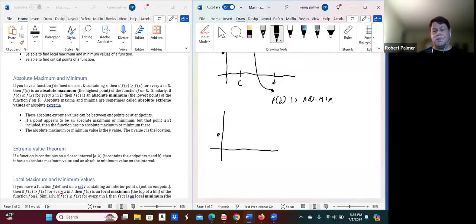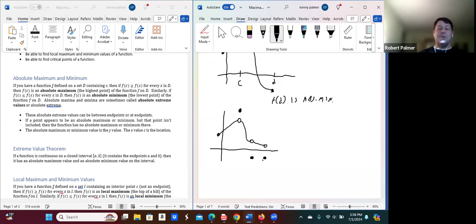It starts here, maybe kind of like this one, but let's say it looks like this.